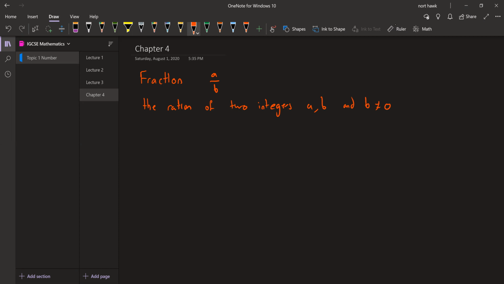For example, 2 over 3, 8 over 7, 12 over 61. These are called fractions. The A portion right here is called the numerator, and this is called the denominator.